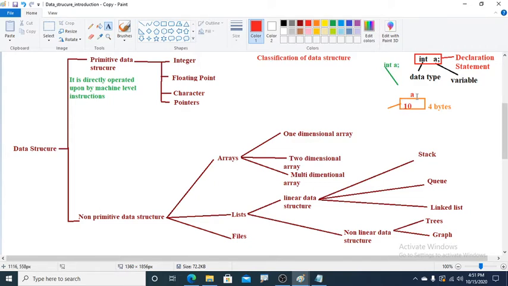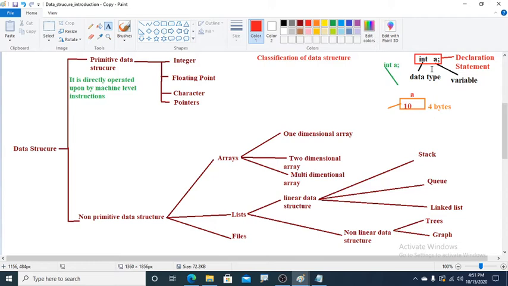So a can hold 10. 10 belongs to the integer family. We cannot place something like Ramesh here; it will accept only integers. Suppose I am not a doctor.